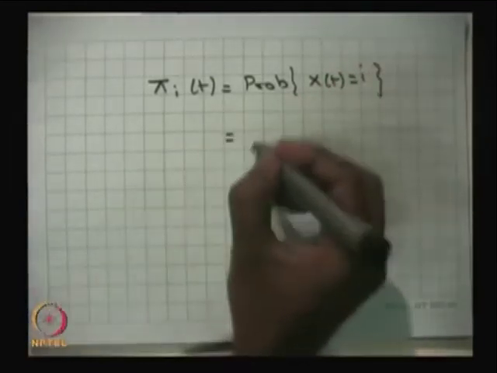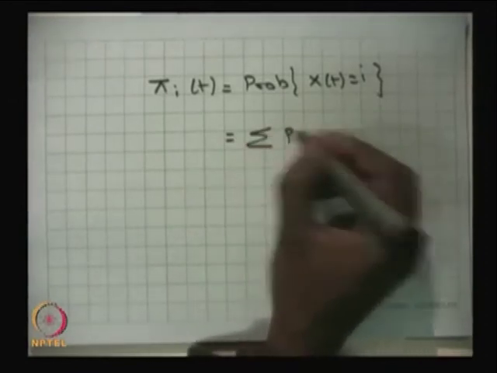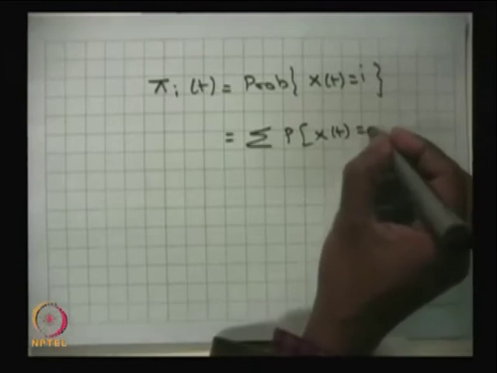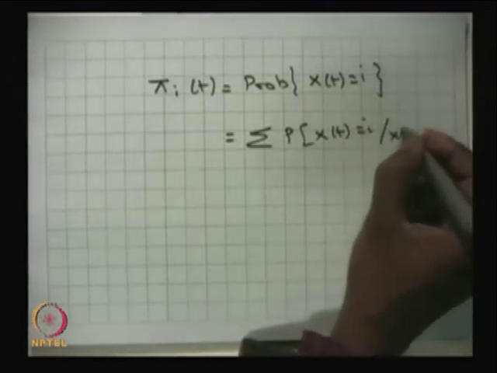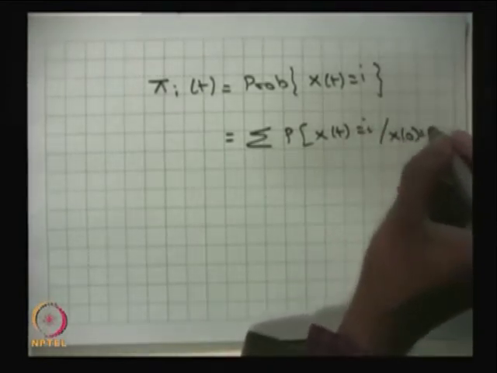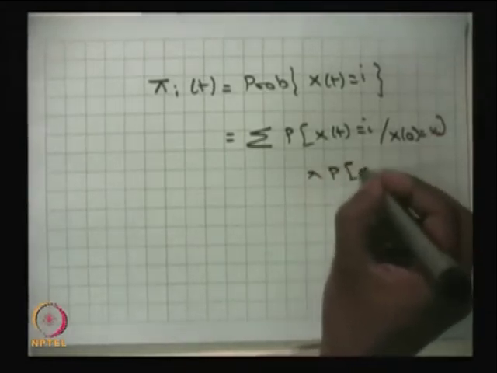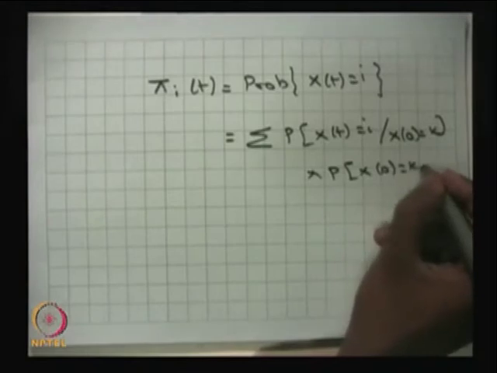That is the same as the probability that the system will be in the state i given that it was in some state k at time 0, multiplied by the probability that it was in the state k at time 0.